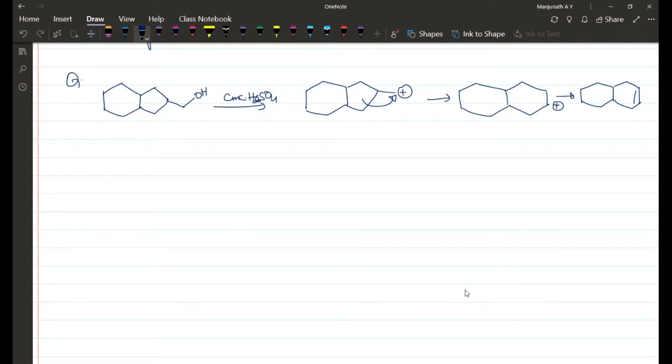Why not here? There is a possibility of forming a double bond here also. But why am I forming it here? Anybody should answer. Nobody knows?